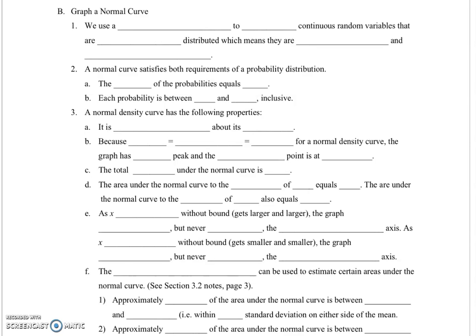Now we're going to talk about the normal curve. So we use a normal curve to model continuous random variables that are normally distributed, which means that they are symmetric and bell-shaped.